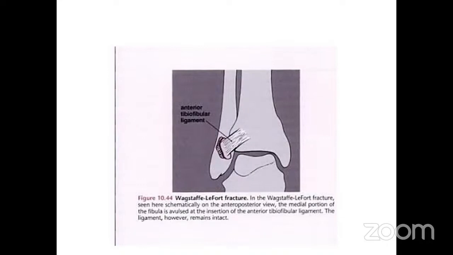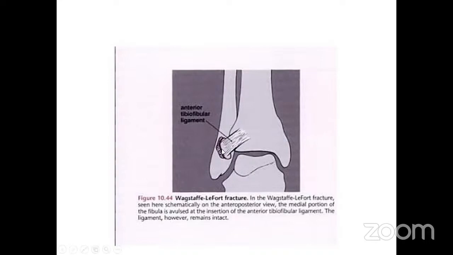Why? Because in a child, bones are very soft, but ligaments are so lax and elastic that they can extend to any extent. So here you can see the anterior tibiofibular ligament. The ligament as such is not torn, but it has come off with a chunk of cartilage and bone. And this is called the Le Fort-Wagstaffe fracture.